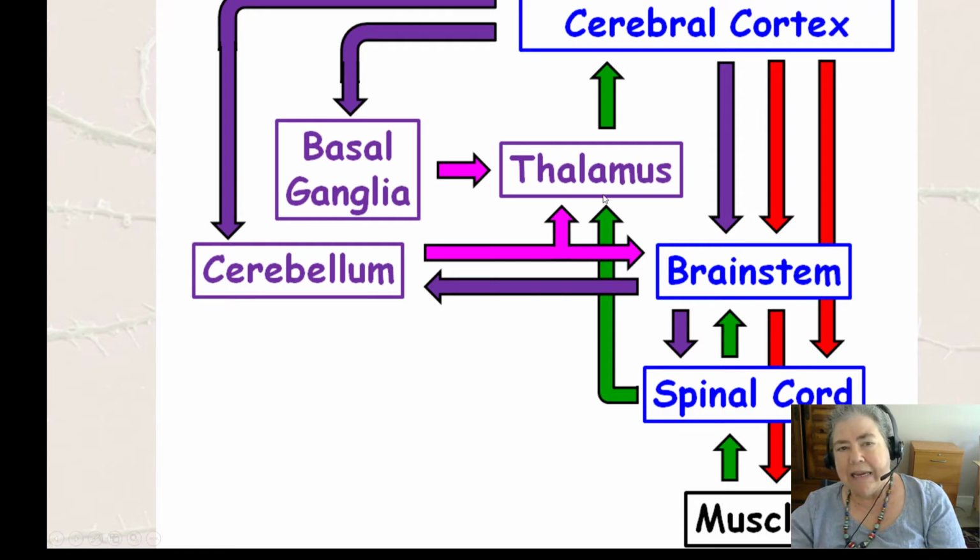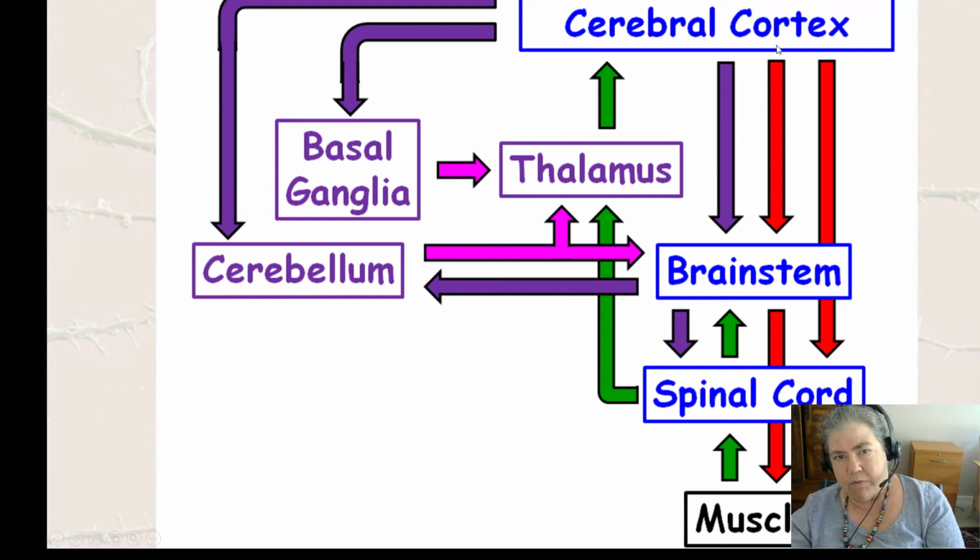The signals end up in the brain stem, traveling through pathways down the spinal cord and ending in skeletal muscle. There is some sensory information coming back from muscle to the thalamus and feeding back to the cerebral cortex. So you can tell that you've moved a muscle because of your proprioception.